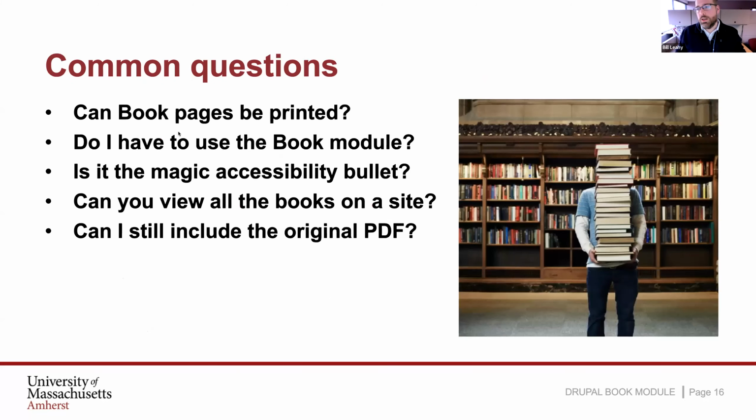Okay, so just some common questions that I've heard with using the book module. Can book pages be printed? Yes, they definitely can. In the live demo, I don't think I showed this, but the book module actually has, I think underneath the navigation bar, a link that says printer friendly version. If you're in a subsection and you click printer friendly version, it'll print just that subsection.